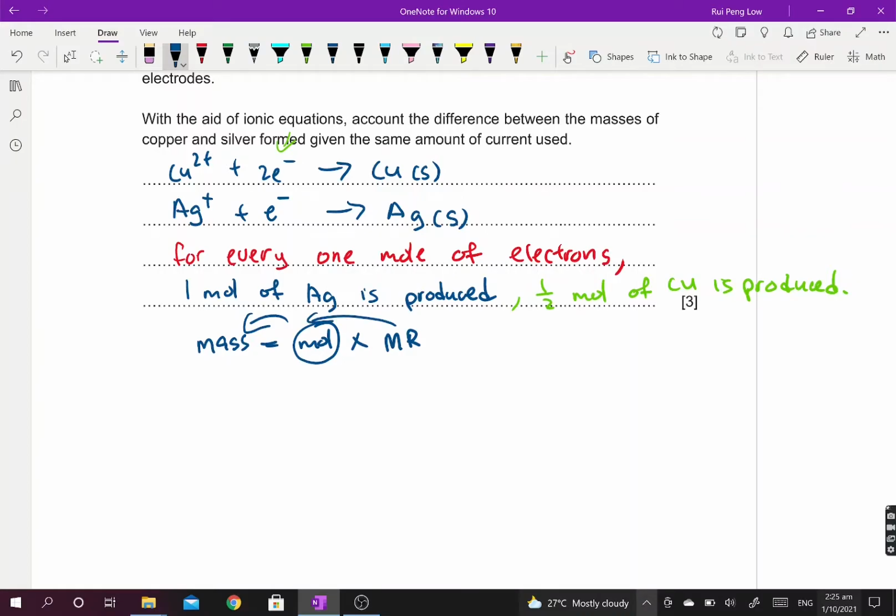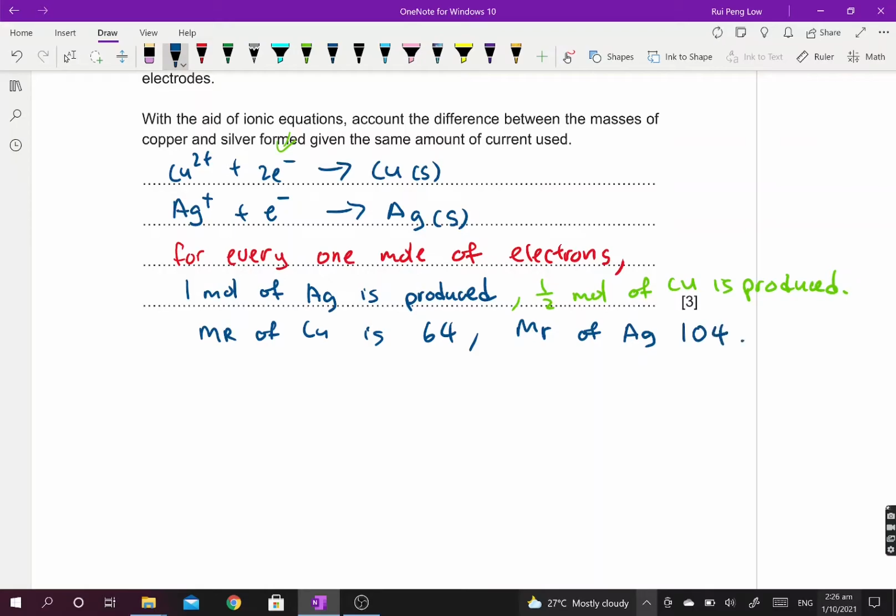So what do we notice? We notice that the Mr of copper is 64. Look up your periodic table. And the Mr of silver is 108.